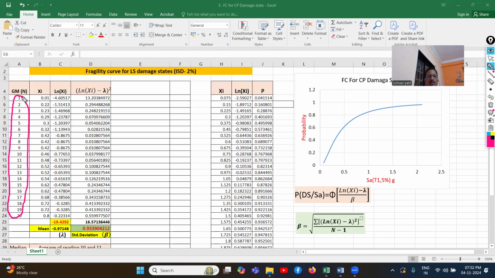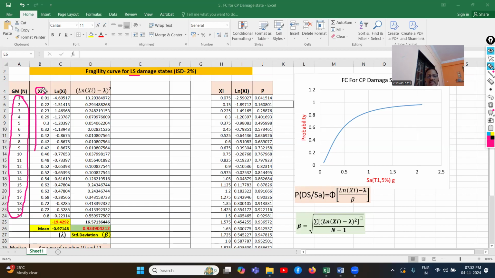The first column is the ground motion. These are the 20 ground motions, and this is the fragility curve calculation for the life safety damage state, so interstory drift will be 2%. Since there are 20 ground motions, there will be 20 IDA curves, and from each curve the spectral acceleration values corresponding to 2% drift are these particular values, denoted by xi.